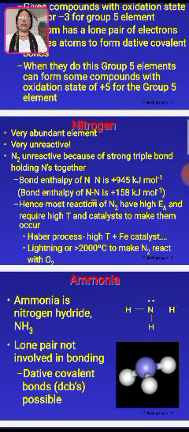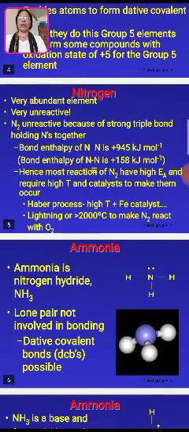The first element is nitrogen, and we are seeing the characteristics of nitrogen and how it is important in group 5. This is the first element in group 5, very abundant in nature, and very unreactive. N2 is unreactive because of the strong triple bond holding the nitrogen atoms together. The bond enthalpy of the nitrogen triple bond is +945 kJ mol-1, and that of the single bond is +158 kJ mol-1.